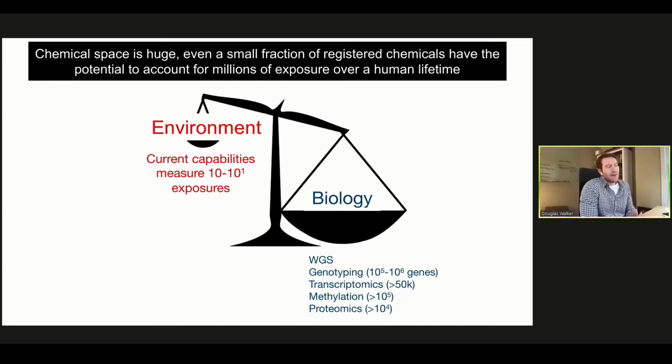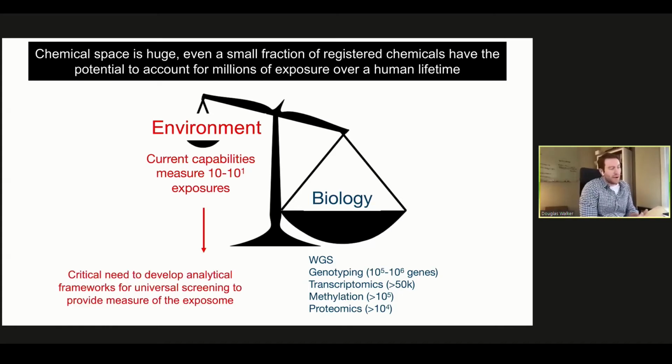Unfortunately, our ability to characterize the environment, even using some of the best technologies that we currently have available, hasn't really seen the explosive growth in capabilities that we saw in other omic sciences. We know the potential for the exposome is huge, and chemical space can encompass millions and millions of compounds, which could inform our exposure history over our lifetime.